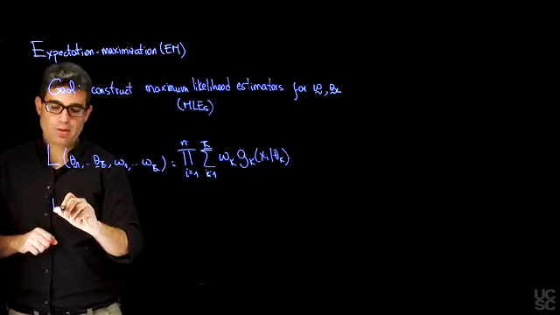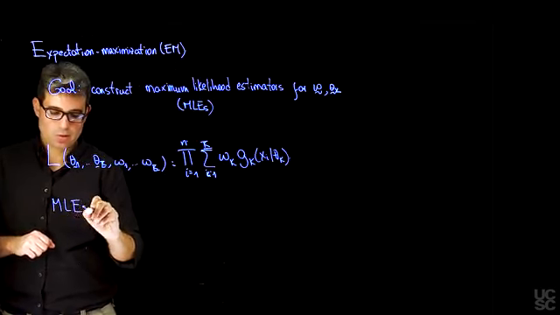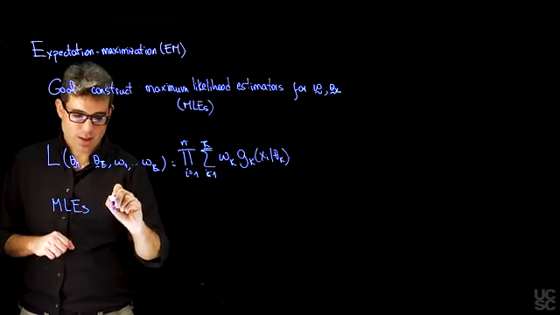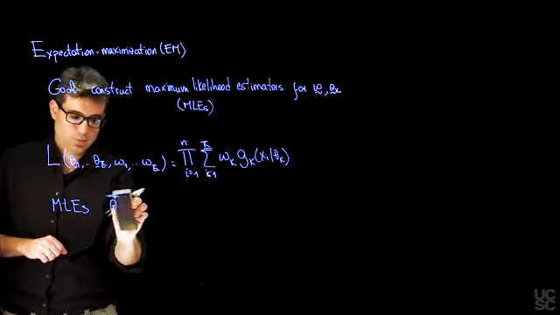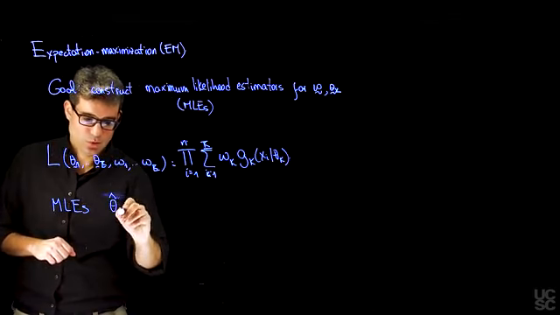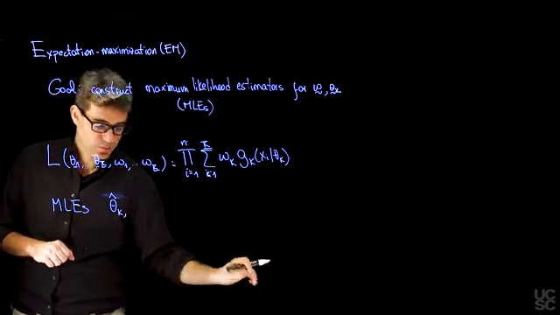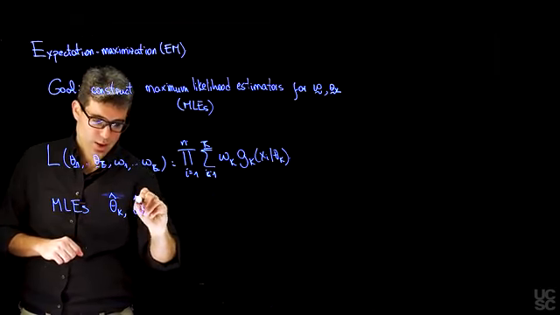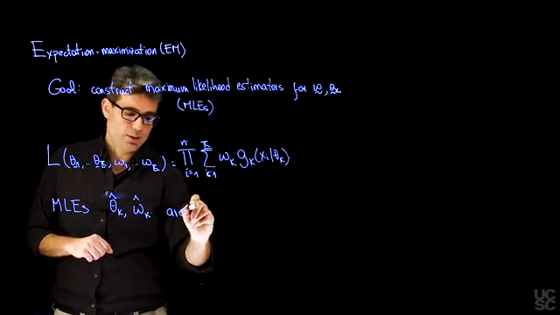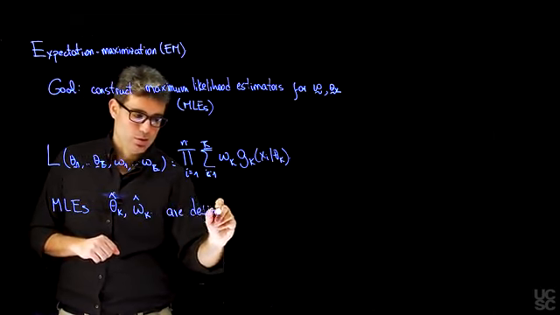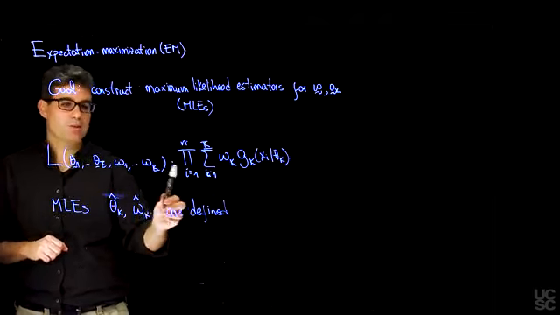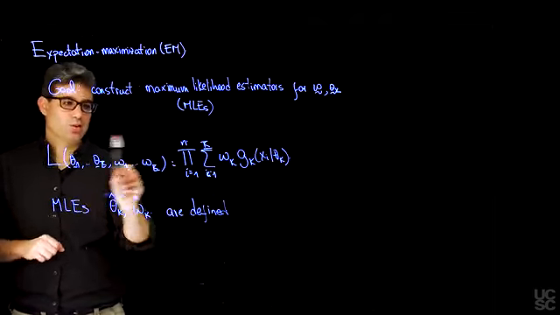The maximum likelihood estimators, which we're going to denote by theta hat sub k and omega hat sub k, are just defined as the values of the different parameters that make this function as large as possible.